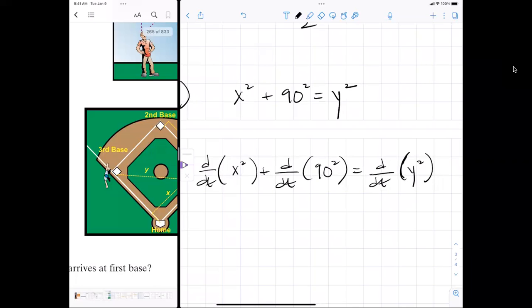Another thing I like to stress when I'm teaching the different rules of differentiation is that another way to read dy over dx, which is the same as y prime, is the derivative of y with respect to x.